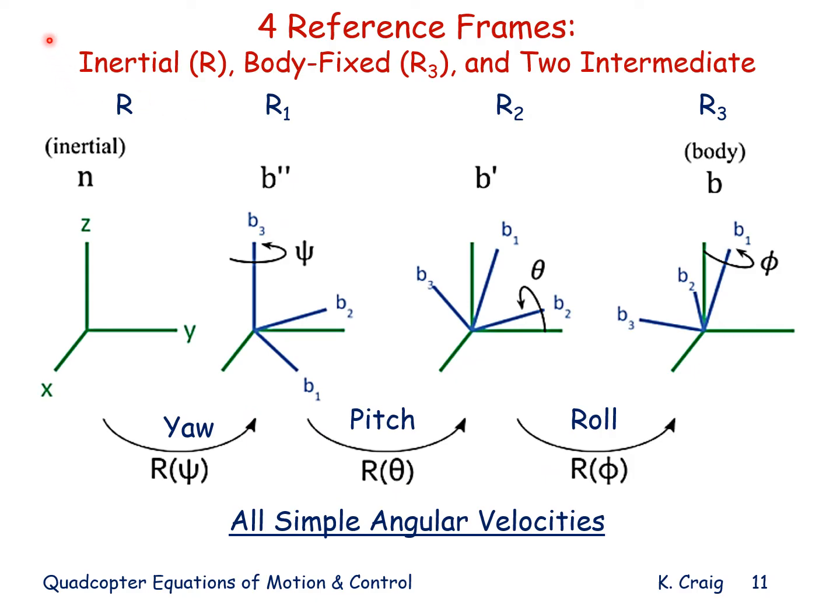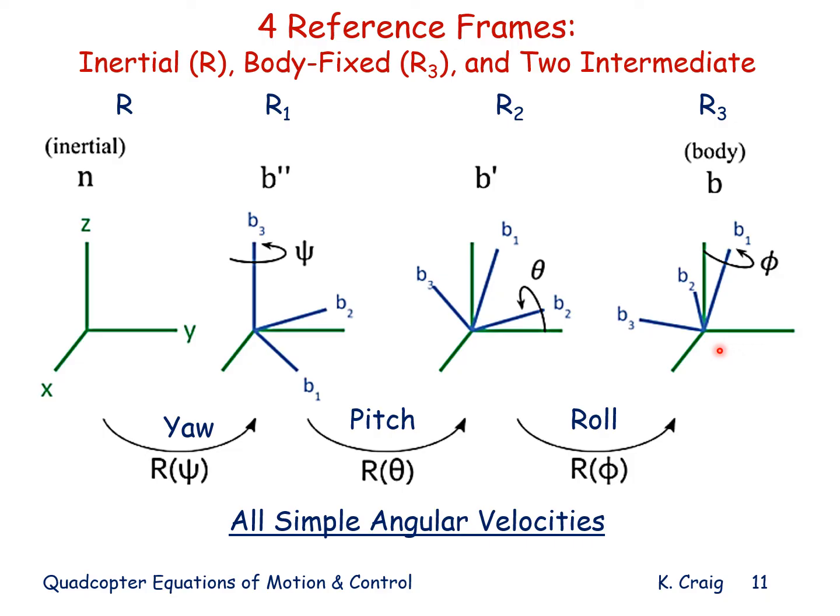We have stated that there are two reference frames we use to study the motion of the quadcopter: the inertial reference frame, which is a Cartesian reference frame fixed to the surface of the Earth, and a body fixed reference frame, also a Cartesian reference frame.